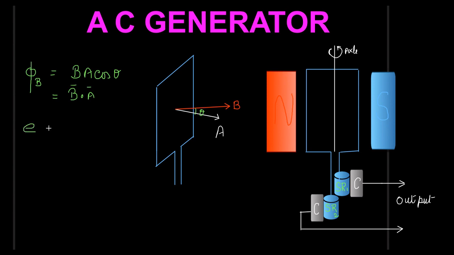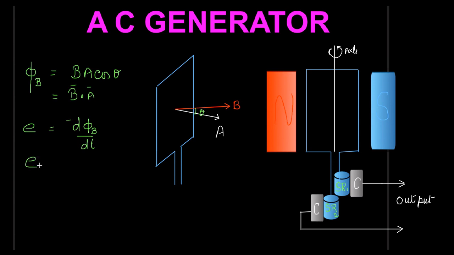EMF induced in the coil is given by minus d phi B by dt. The minus sign indicates the direction of induced EMF.